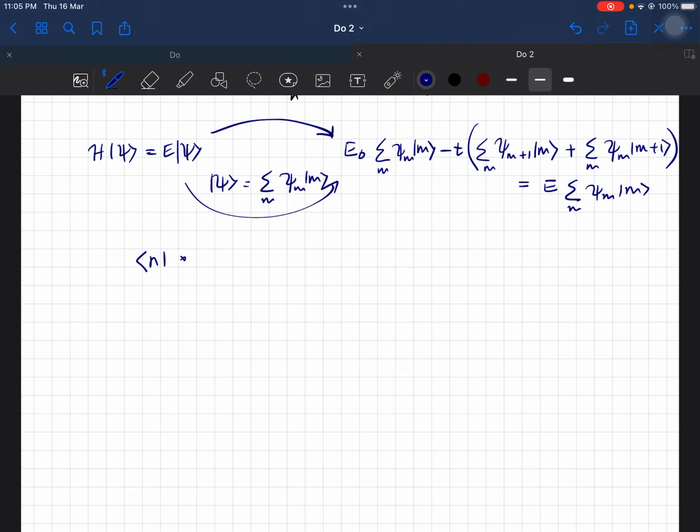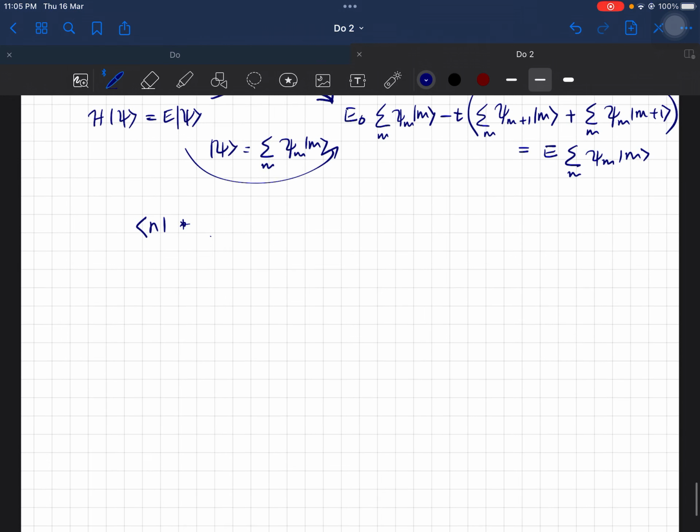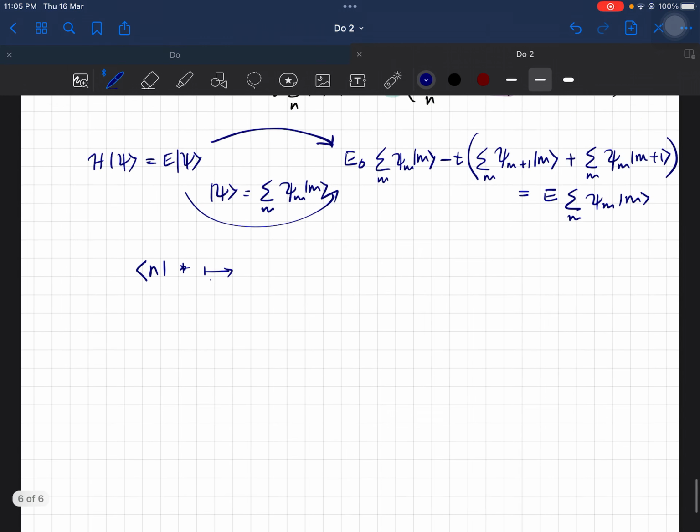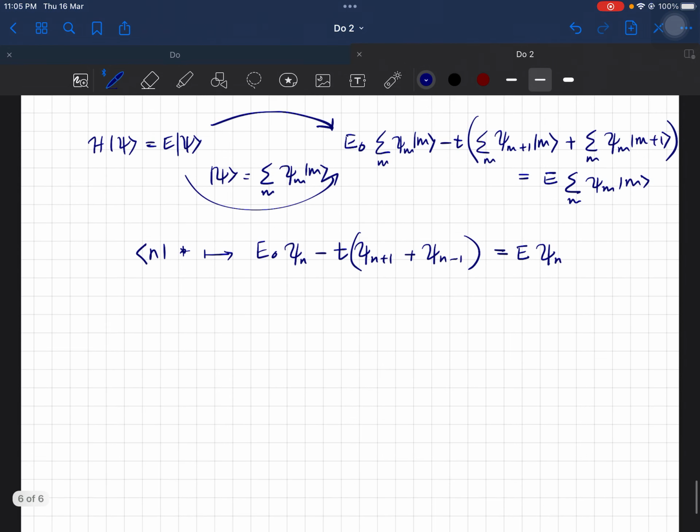Now applying a bra n gives E naught psi n minus t psi n plus 1 plus psi n minus 1 equals E psi n.